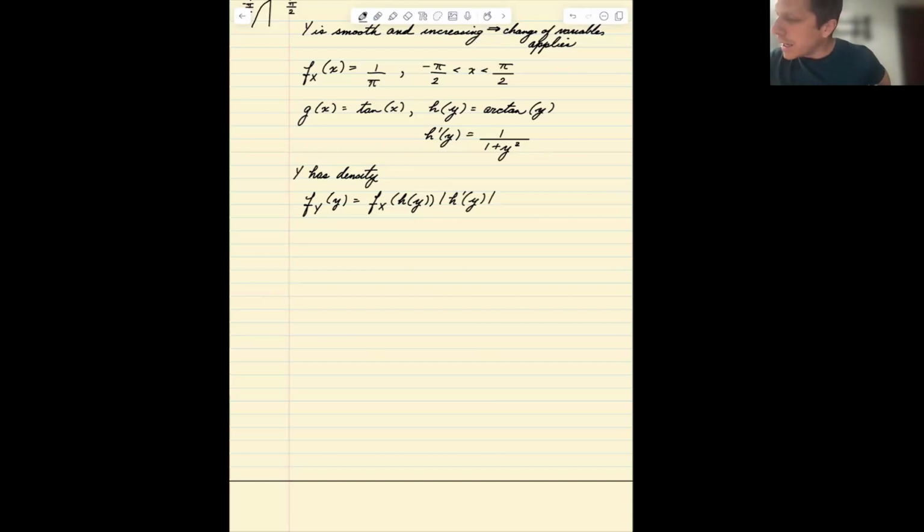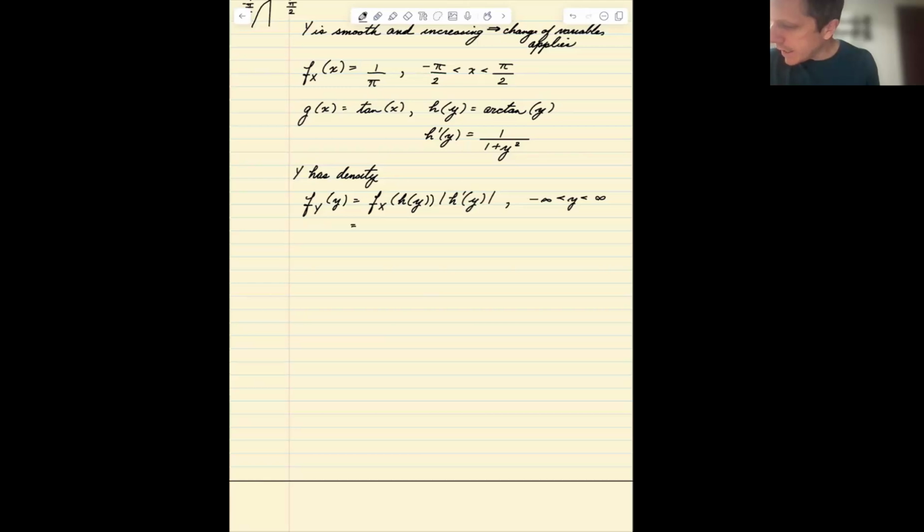Well, y has to go from tangent of negative pi over 2 to tangent of pi over 2, right? So actually y is from minus infinity to infinity.